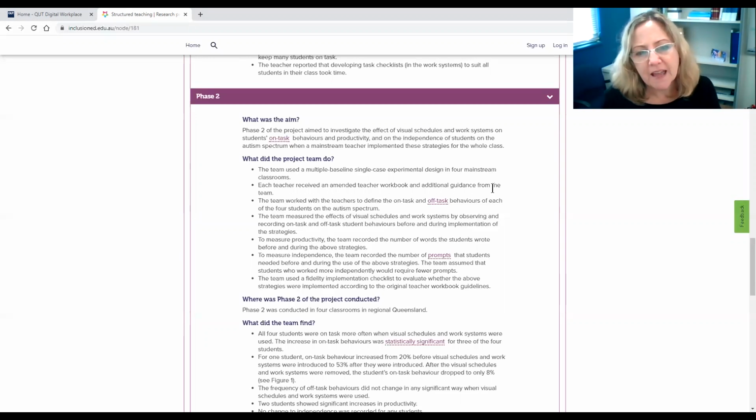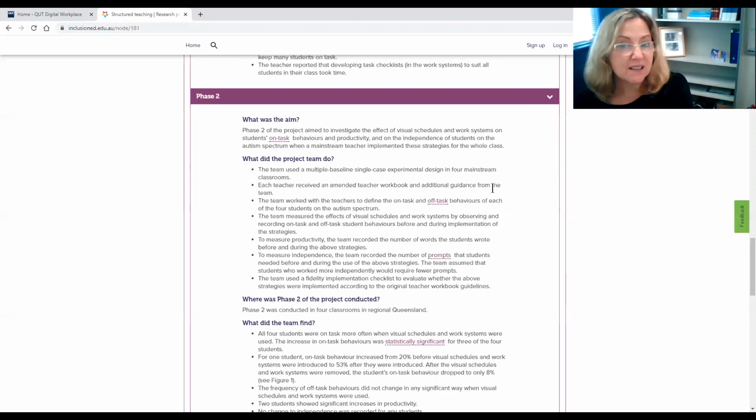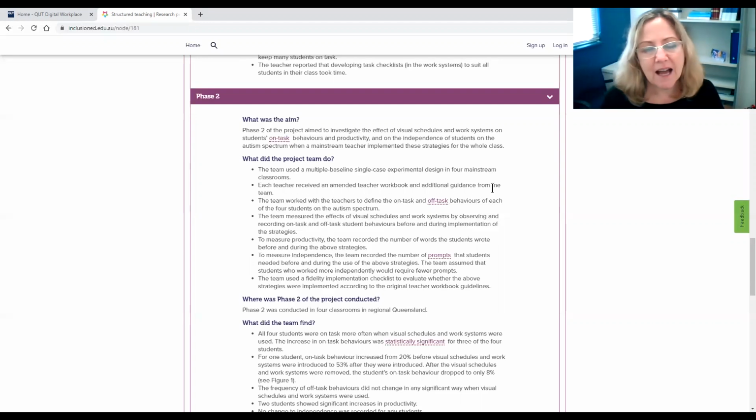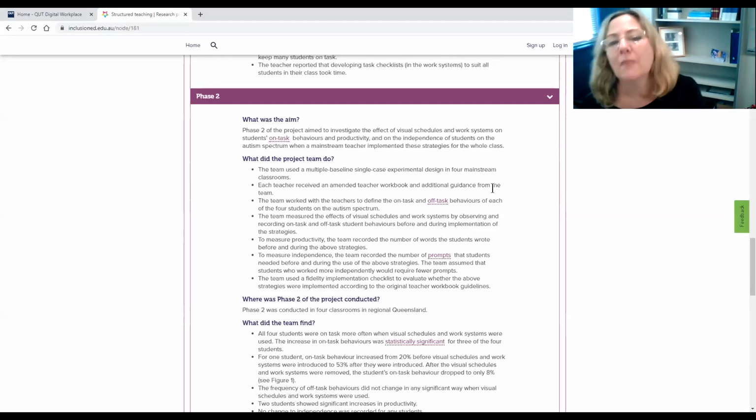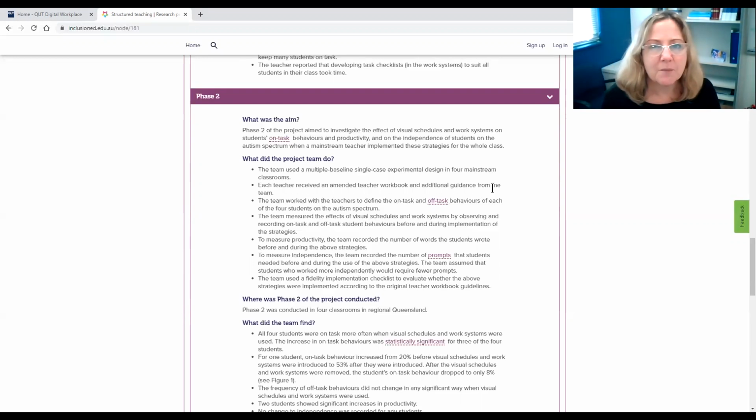So that gives researchers greater confidence in being able to identify whether or not it is the use of the practice which then affects the student's behaviour, and then they can stop the practice, I beg your pardon, and then have a look at the behaviour when the practice isn't in place, and then implement it. And so that's one thing to bear in mind with this.